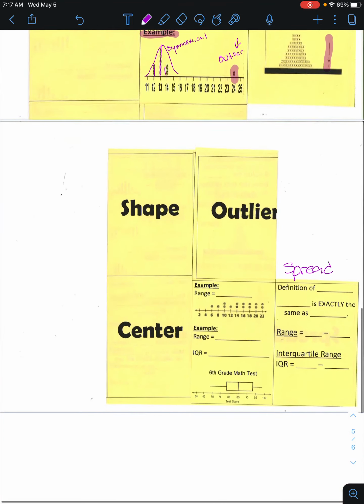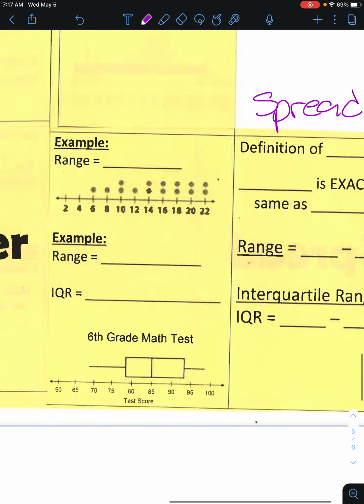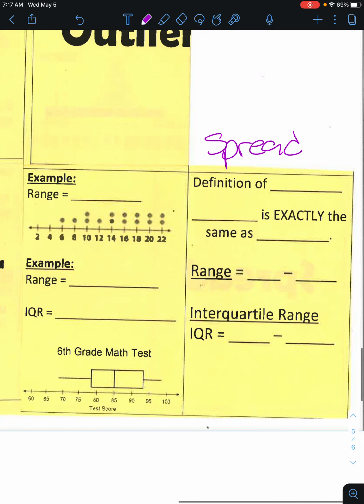Next, last but not least, we're going to talk about spread. In the previous video, I had discussed spread as the range and the interquartile range. So the spread is exactly the same as the range or the interquartile range, which we'll call IQR.